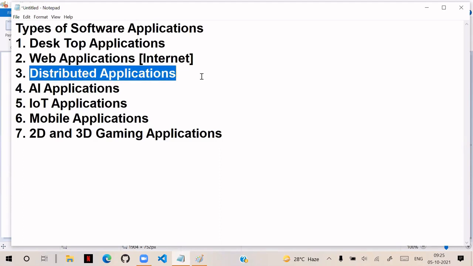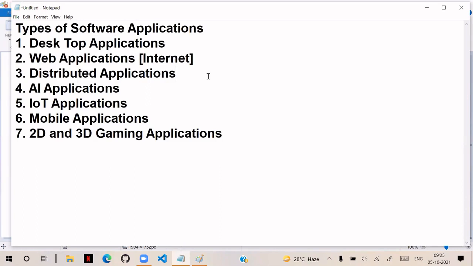Web application examples are IRCTC, Amazon, Flipkart. All these come under the category of web applications. Distributed applications means, a simple example for distributed application. Suppose I ask you to tell me some mobile applications that you are using on your mobile. Then immediately you will come up with Facebook, YouTube, WhatsApp, and Amazon, Swiggy, Zomato. They are not mobile applications.